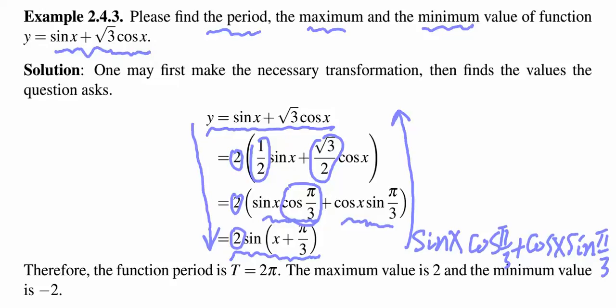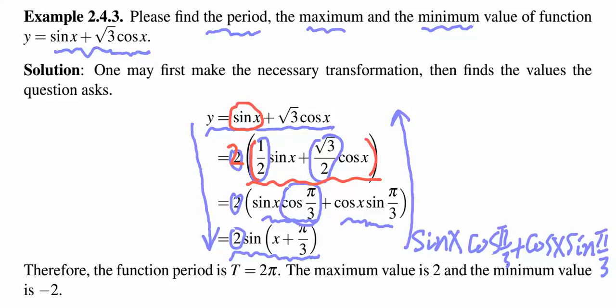Now, if the expression inside the quantity is multiplied by 2, 2 times 1/2 sine x gives you sine x.